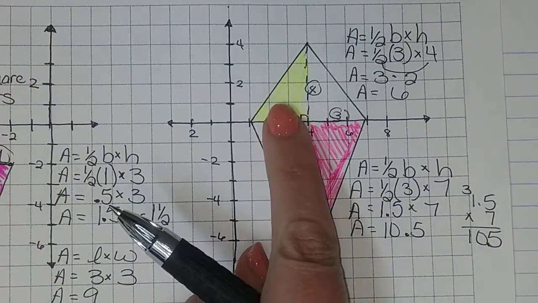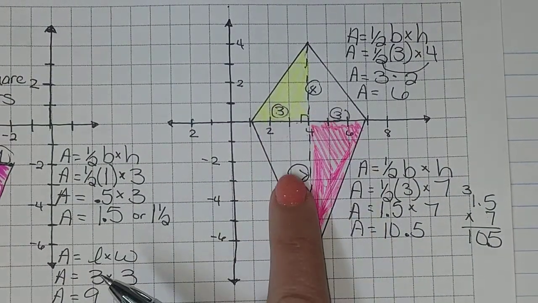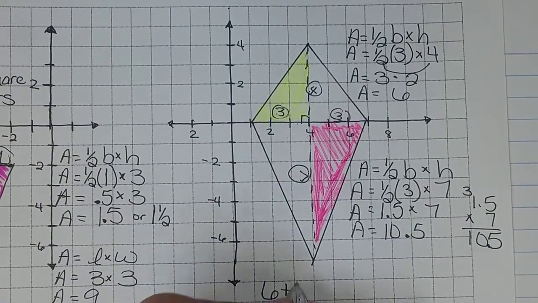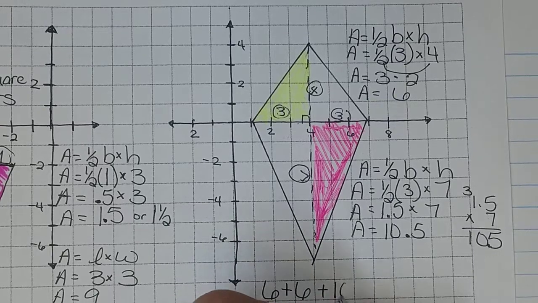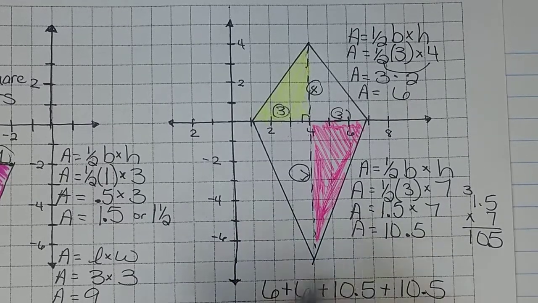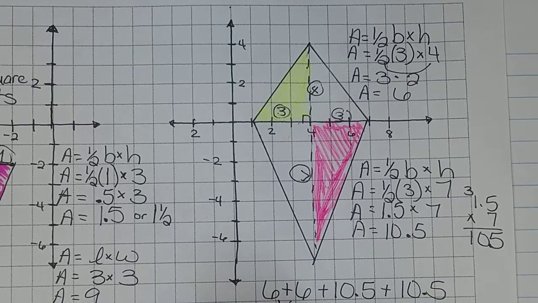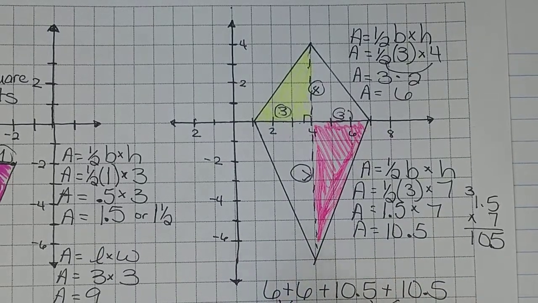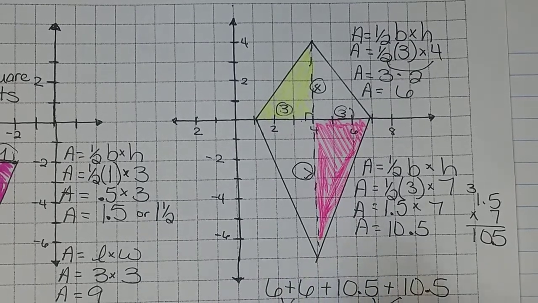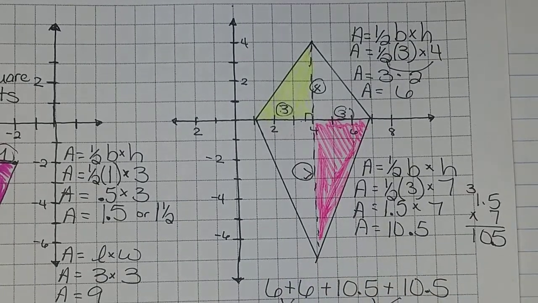So now I have 6 plus 6, 10.5 plus 10.5. I know 6 plus 6 is 12. I know 10.5 plus 10.5 is 21. Add those together, I get 33.